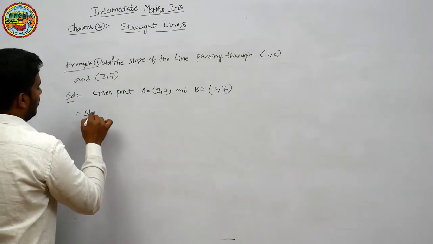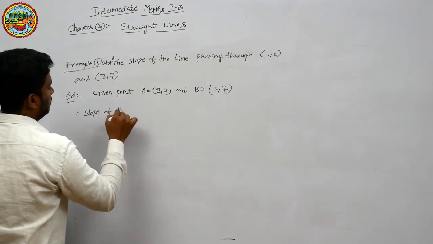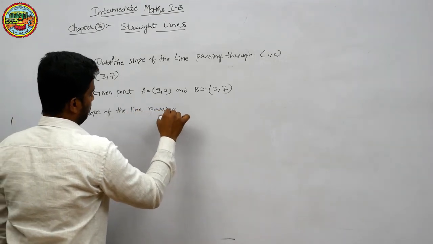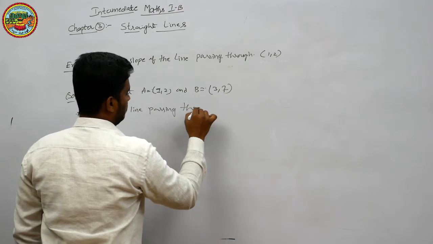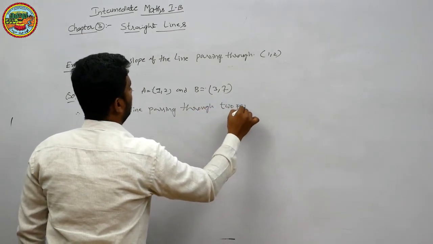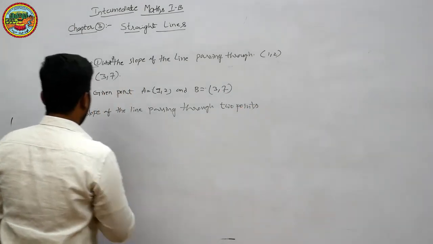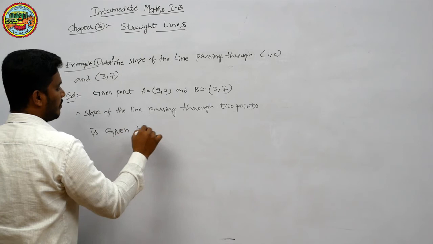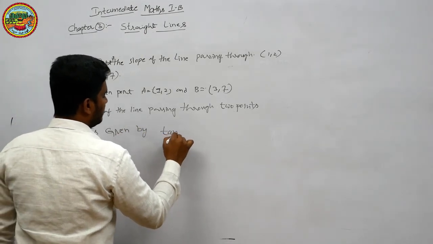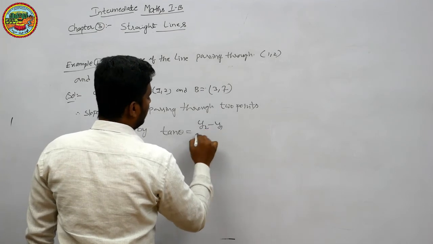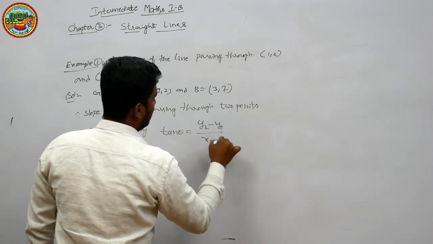So therefore the slope of the line passing through 2 points is given by tan theta is equal to y2 minus y1 by x2 minus x1.